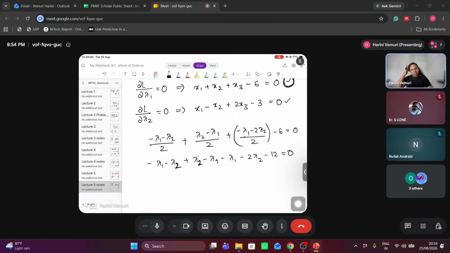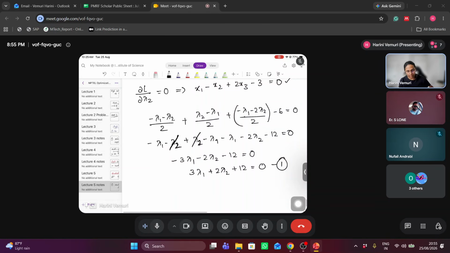Okay. So these terms will get cancelled. So it will be minus 3 lambda 1 minus 2 lambda 2 minus 12 equal to 0. So that's 3 lambda 1 plus 2 lambda 2 plus 12 equal to 0. This is one of the main equations we get in only lambda 1 and lambda 2.